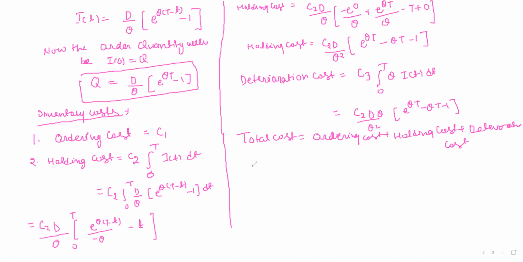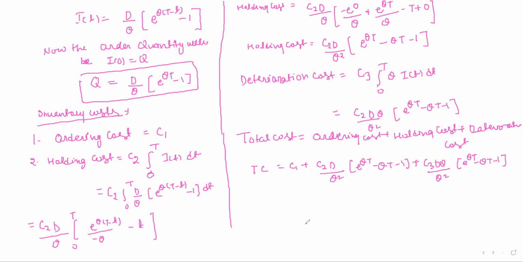So we can write TC equals C1 plus C2 d upon theta square, e to the power theta t minus theta t minus 1, plus C3 d theta upon theta square, e to the power theta t minus theta t minus 1.